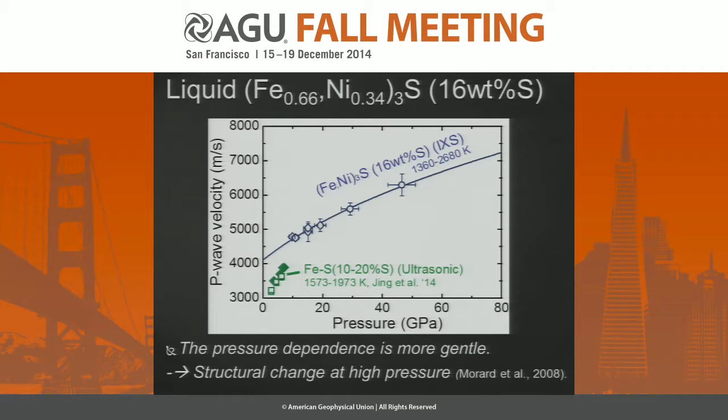We also measured the liquid iron nickel sulfide up to 46 GPa. I briefly show the data. The iron sulfide velocity data is the blue one, compared with recent ultrasonic data for a similar composition.